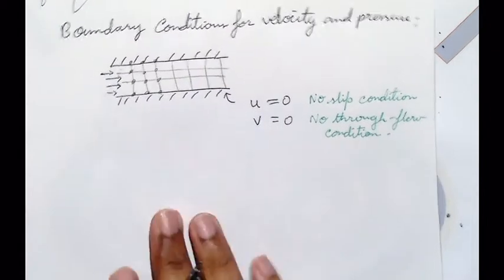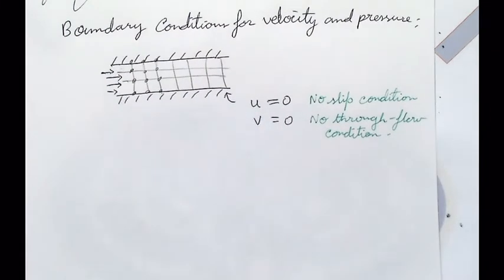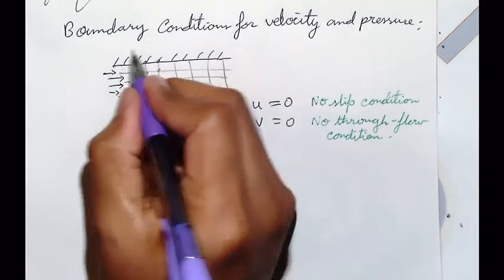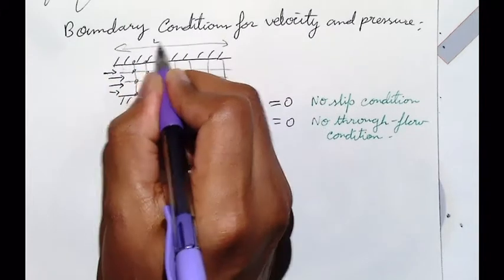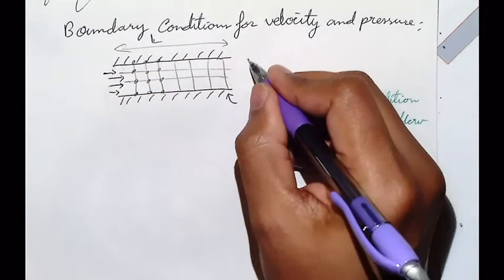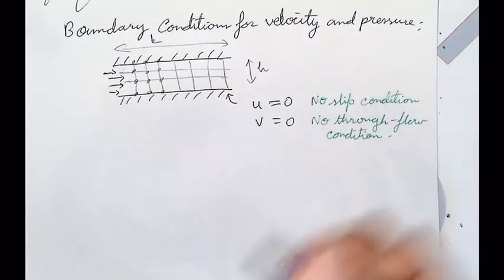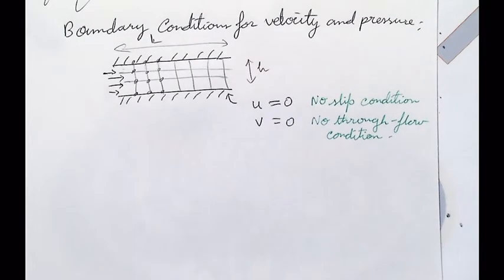Okay, and then what would you do? I just gave you, okay, this is what your channel looks like. Its length is L meters, and its height is H meters. Give me the solution. Can you give me the solution?